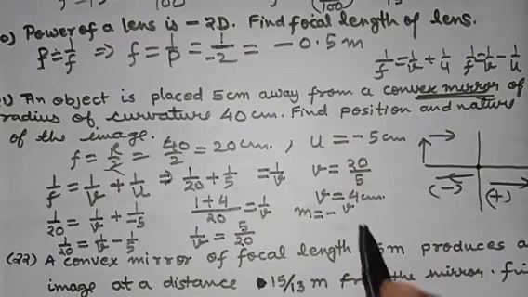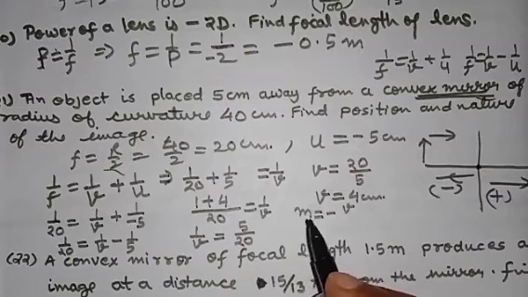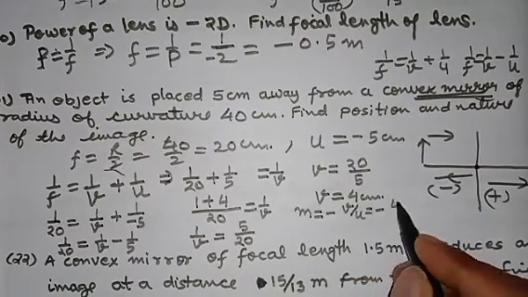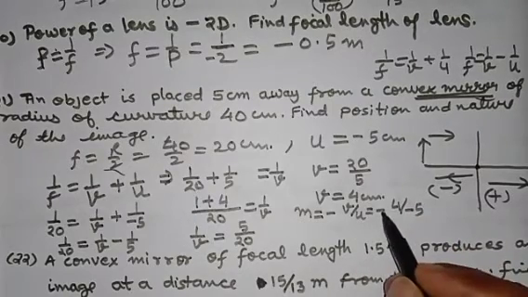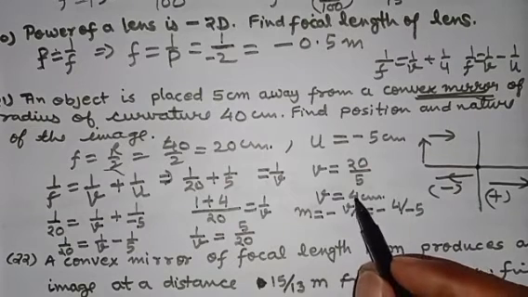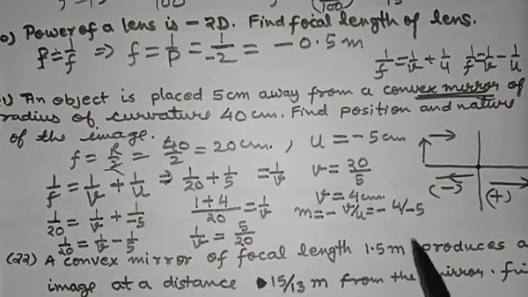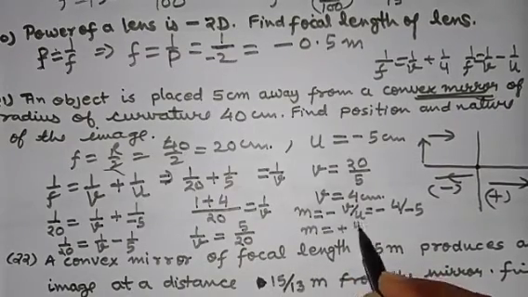Remember, for lenses it is just plus v upon u, but for mirror it is minus v upon u. So minus 4 upon u, and u is minus 5. V was having a positive sign and u a negative sign, so negative and negative will cancel. So it will be a positive 4 by 5.